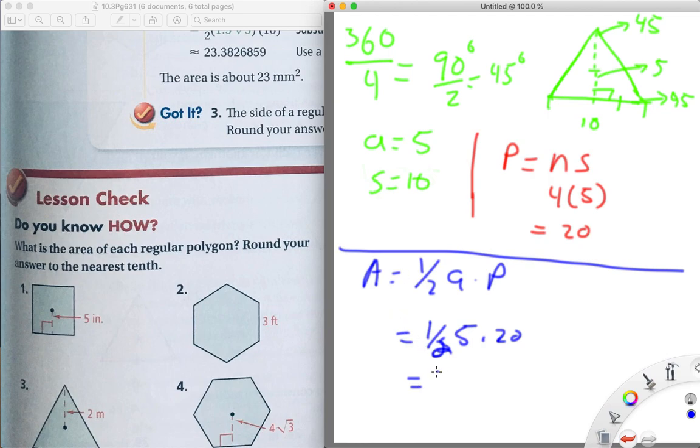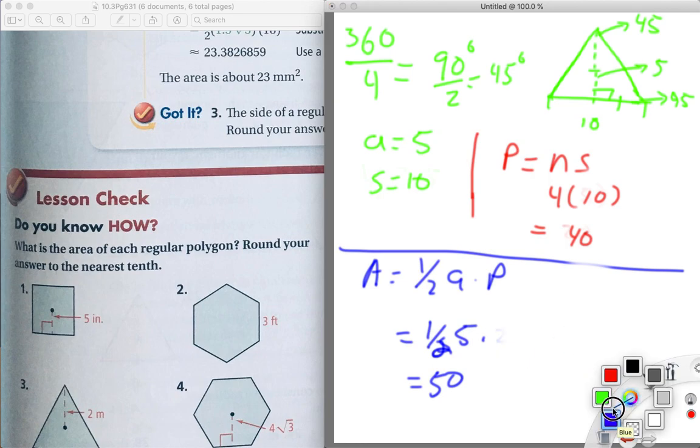So the perimeter is 50, and it's going to be 50. Oh, because I don't know how to multiply. Not 4 times 5, but 4 times 10. That makes a big difference. So that's 40. My mistake. That's a big mistake.